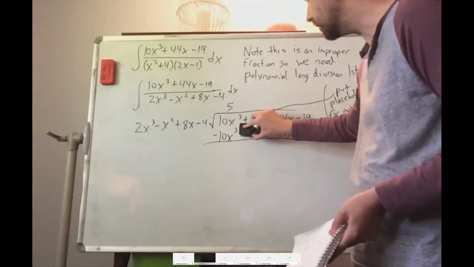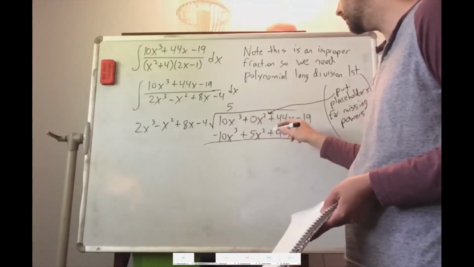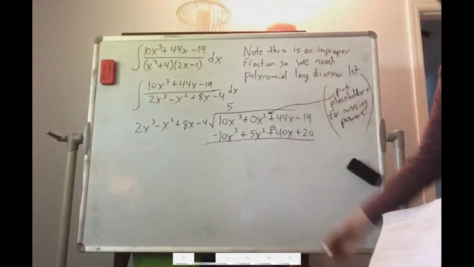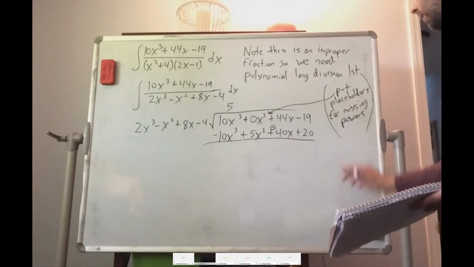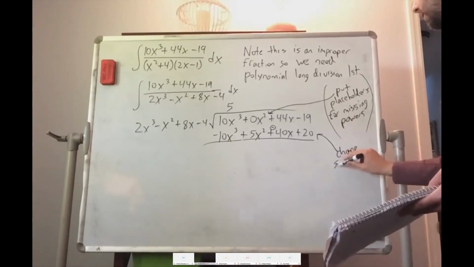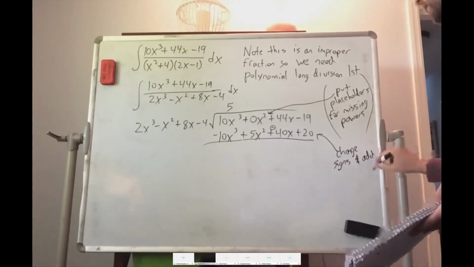Actually I could just make it a plus, right? This becomes a plus. This plus becomes a minus. And this minus becomes a plus. And then I just add down. And I think that causes less problems. So I'll just mention here, I'm going to say change signs and add, which is the same as subtracting.